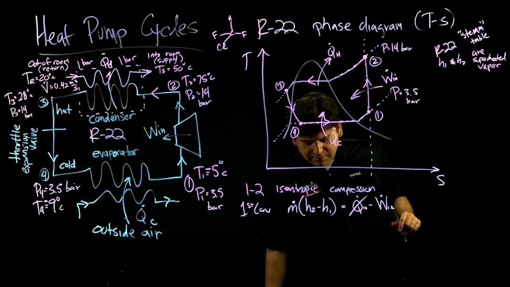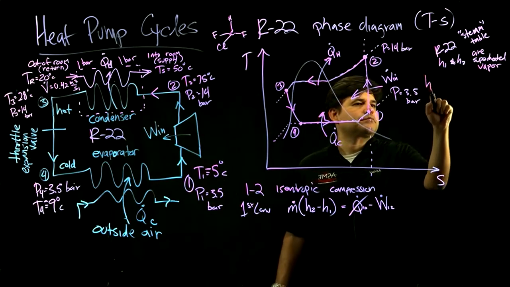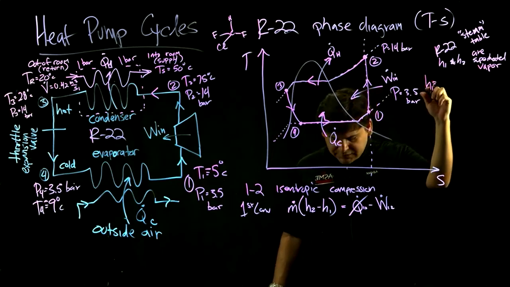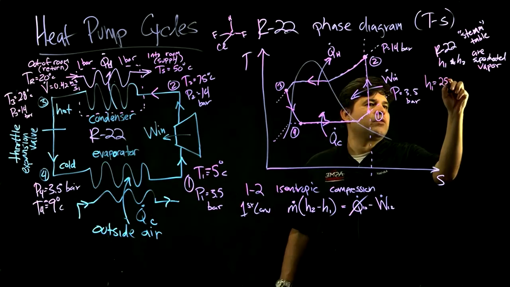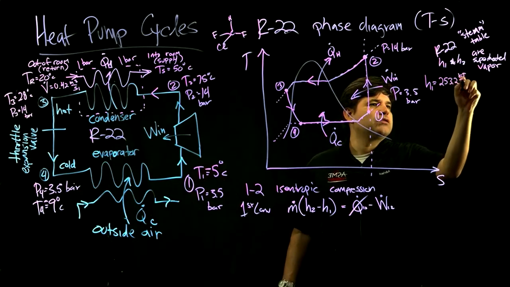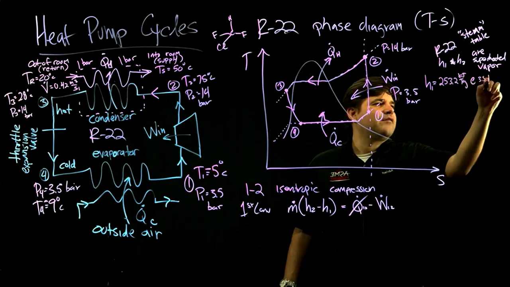And so H1, if we look on that table, is 253.2 kilojoules per kilogram at 3.5 bar.